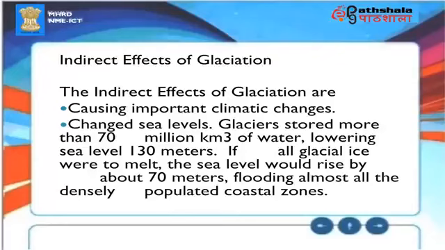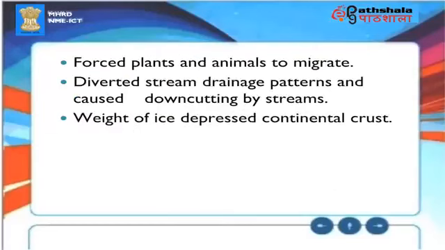If all glacial ice were to melt, the sea level would rise by about 70 meters, flooding almost all the densely populated coastal zones. Forced plants and animals to migrate, diverted stream drainage patterns and caused downcutting by streams. Weight of ice depressed continental crust.